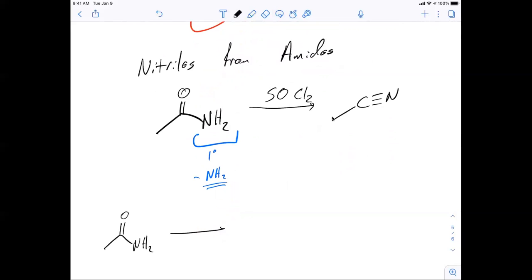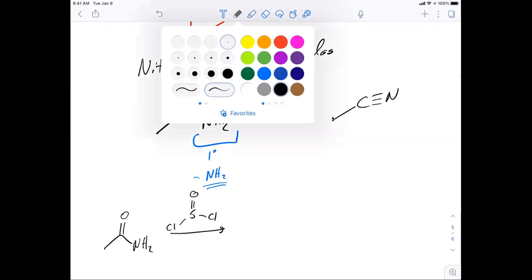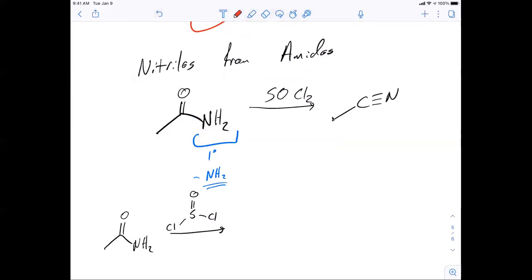Let's look at the mechanism. Okay, we end up with the sulfur tetrahedral intermediate with the nitrogen positive.